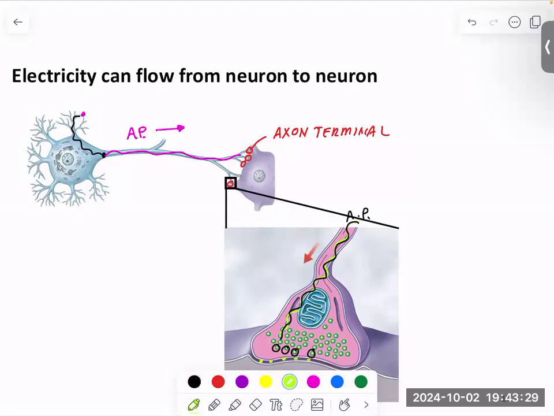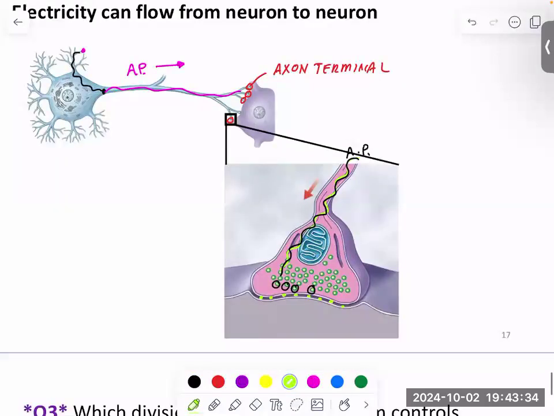This space is between the axon terminal and the target cell. That neuron is going to pass its signal on to the next cell.